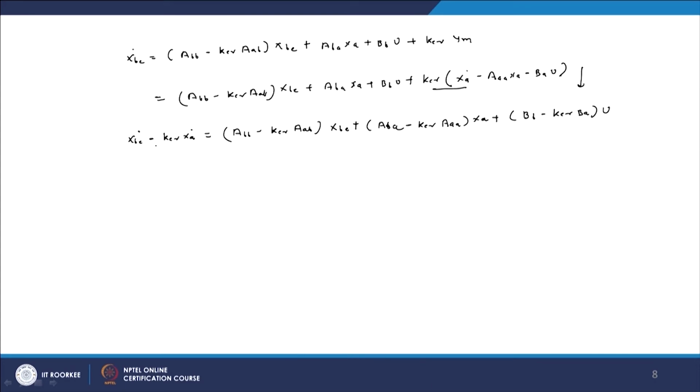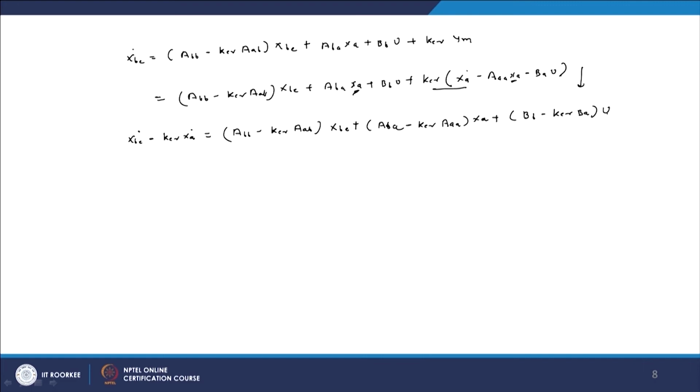So, XB dot minus KER into XA dot in bracket, this ABB minus KER into AB into XB remains the same. Here XA is common, so we have taken XA common and the elements we have written as ABA minus KER into A plus BB minus KER into B into U.